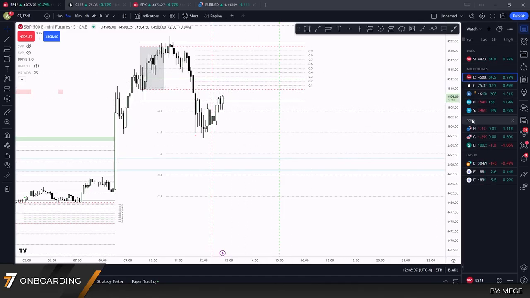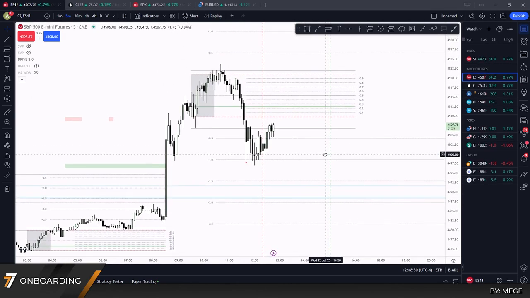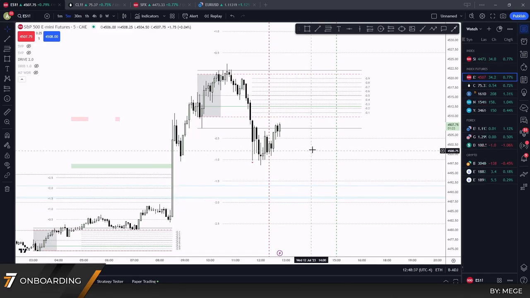Maybe when price is at 1,200, a 10-point retracement could be all the way up here. But here, a 10-point retracement is barely scratching the zero retracement level. So that's how you compare the two. And I think this is quite unique. You don't find this approach anywhere else in retail trading.